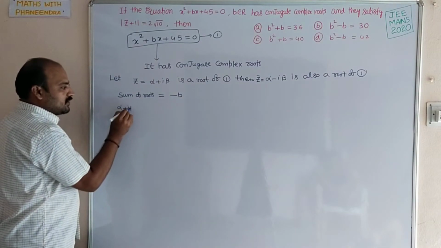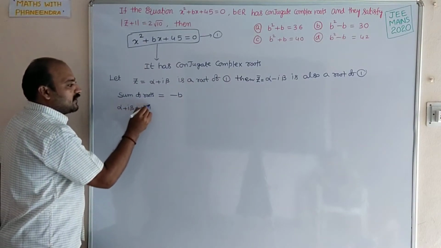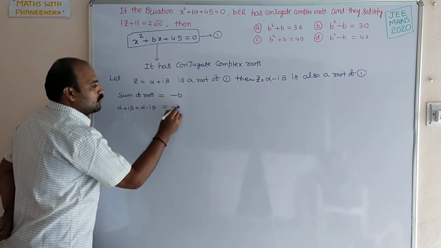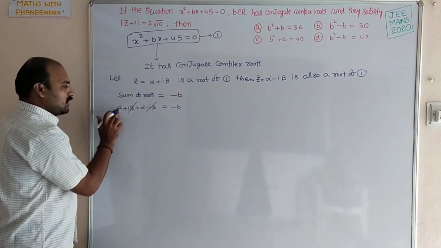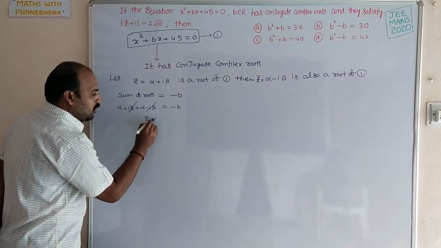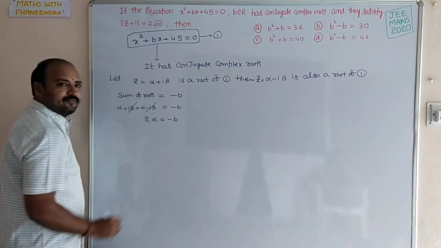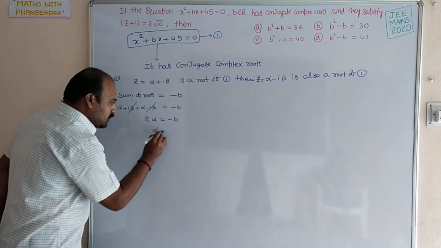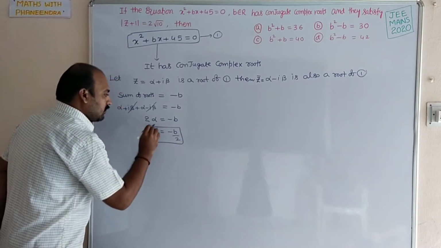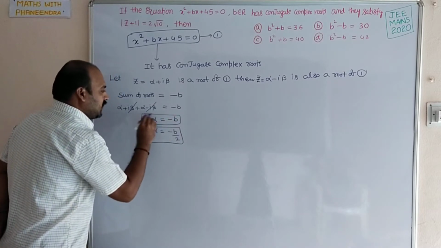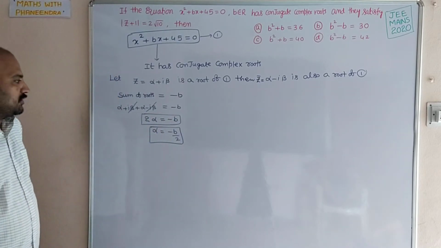Alpha plus i beta plus alpha minus i beta is equal to minus b. So minus i beta plus i beta get cancelled. Alpha plus alpha, 2 alpha equal to minus b. So alpha equal to minus b divided by 2. Otherwise 2 alpha equal to minus b, even like this also you can write it.